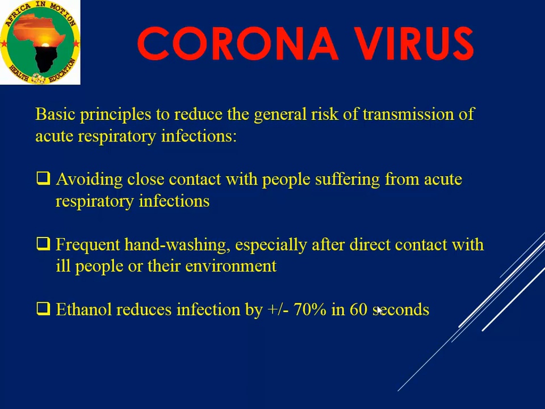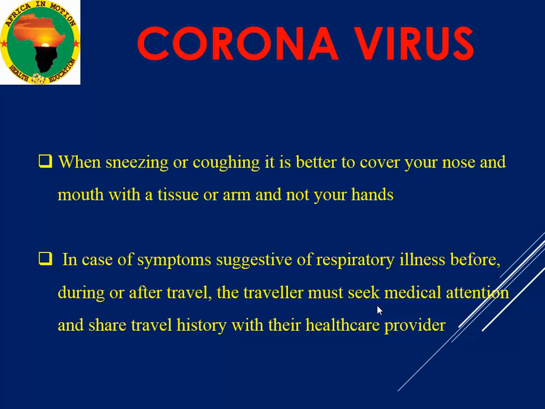We need to wash hands again and again and again, especially after direct contact with ill people or the environment. The ethanol that we know, alcohol, it is believed that it can reduce infection by 70% in 60 seconds. So disinfecting hands, sanitizing, it's very important.